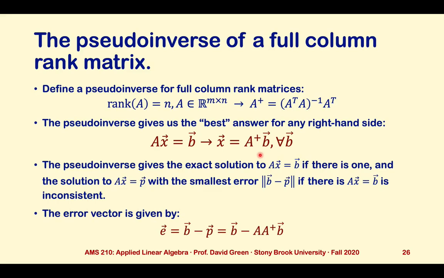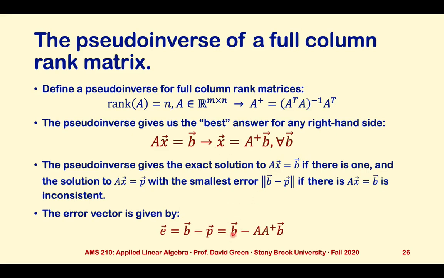How do you know when you're getting the exact solution and when you're getting an approximate solution? You can always assess this by computing what the error vector is. The error vector we define just to be this difference, b minus p. How far away was our real right-hand side from the right-hand side that we actually got a solution for?